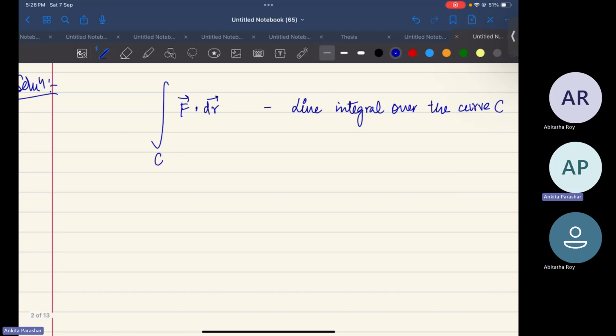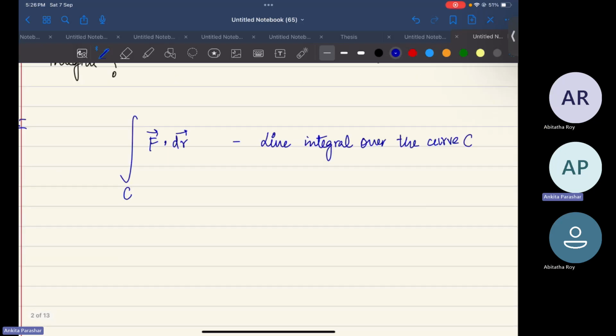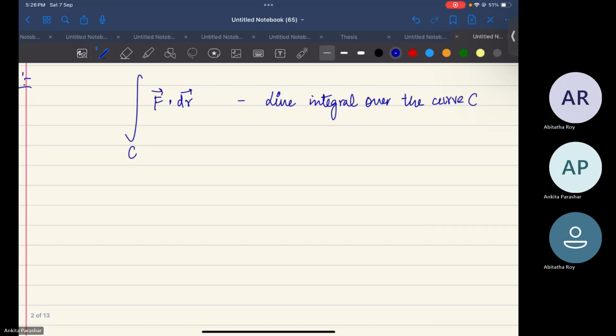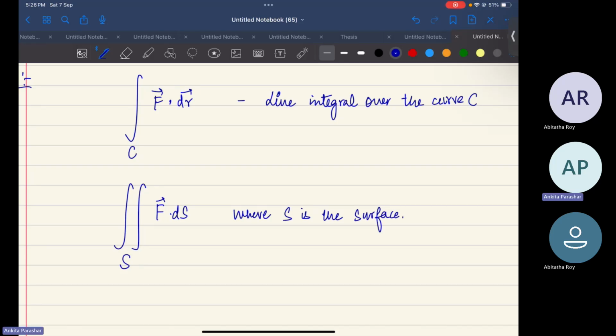And if I ask you how to write the surface integral, that would be the double integral over the given surface. Correct. So this is the basic difference.